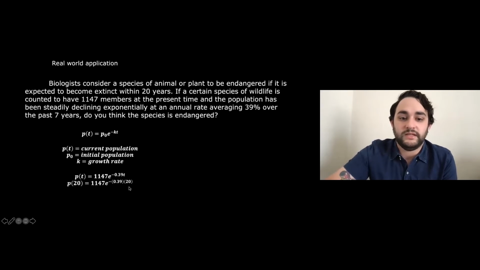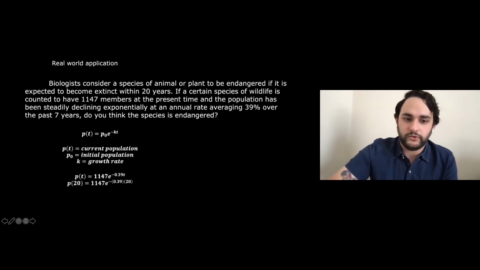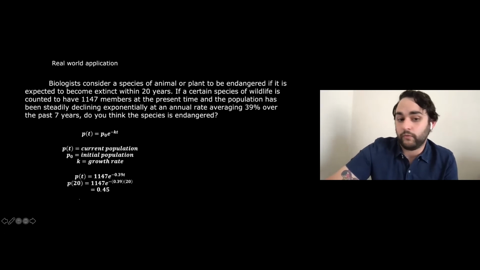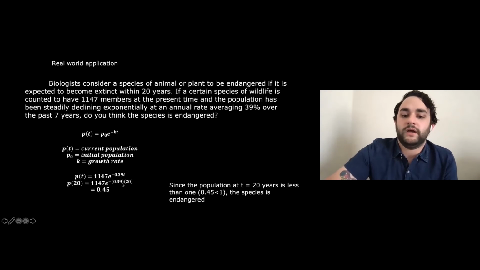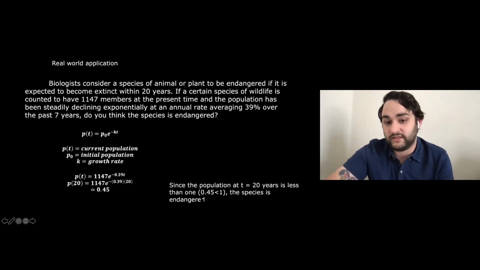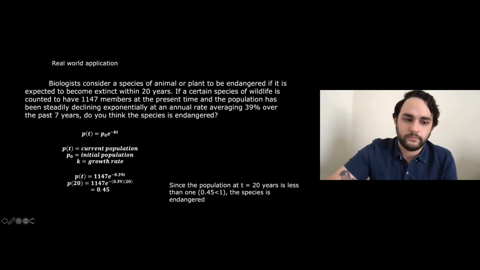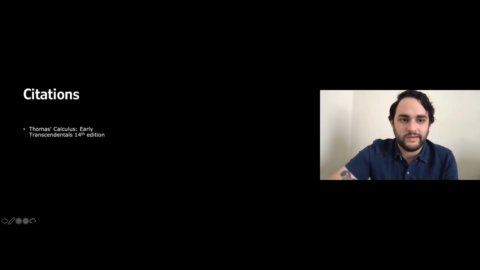And then the time is 20 years. Once you plug all that into your calculators, you get 0.45. Because the population at 20 years is less than 1, the species is endangered. I pretty much just used the book for it.